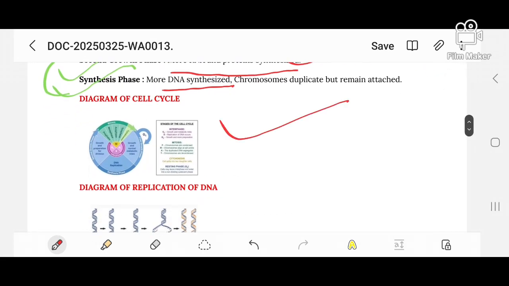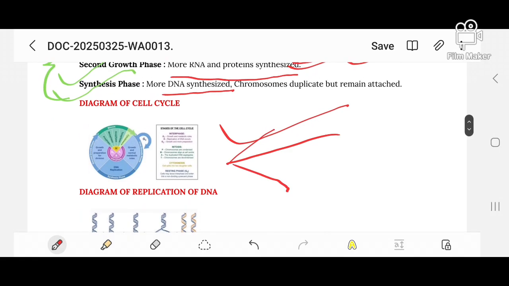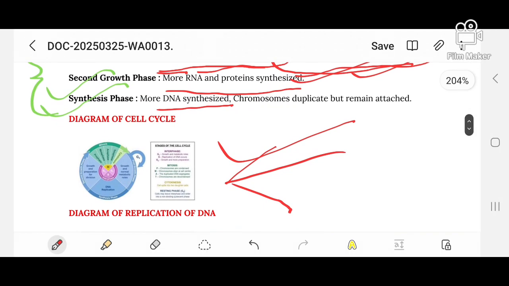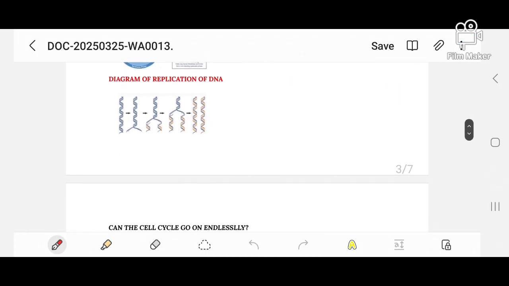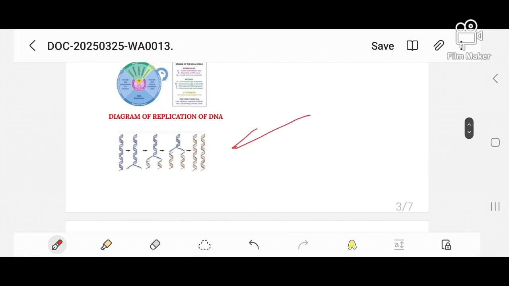Here is a diagram of a cell cycle. See, the diagram is also given in your book. Okay, now this diagram, replication of DNA is important.